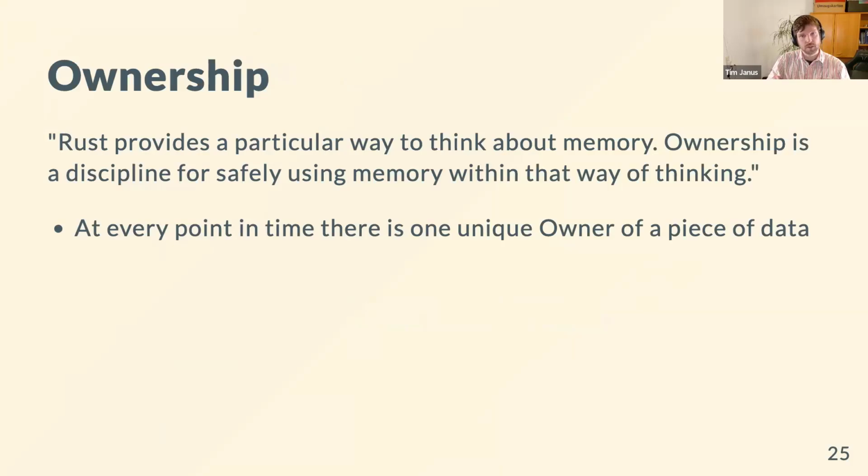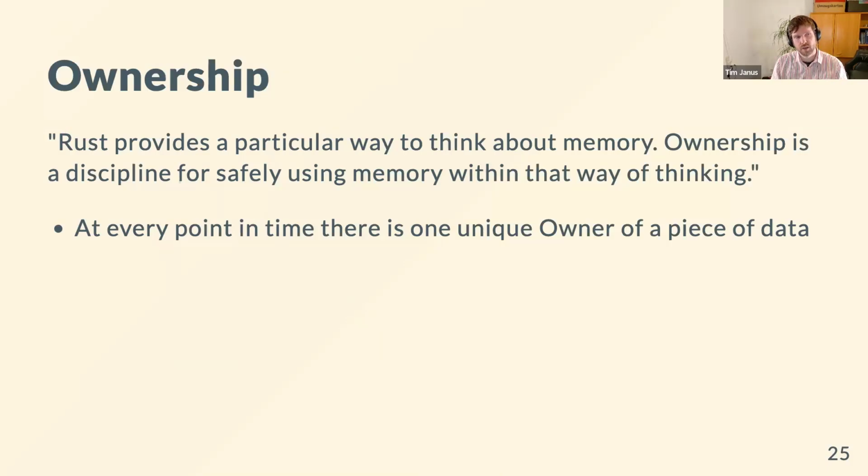Now to come to this concept of ownership, it is a particular way of thinking. At every point in time, there's one unique owner of a piece of data, like one variable owns the data. And that's very important to keep in mind.